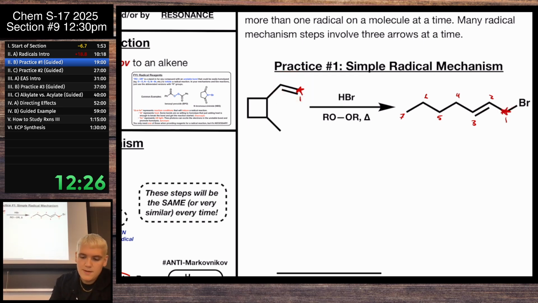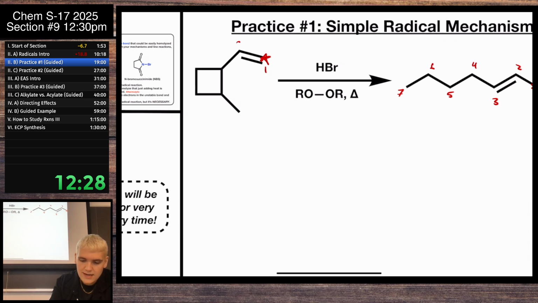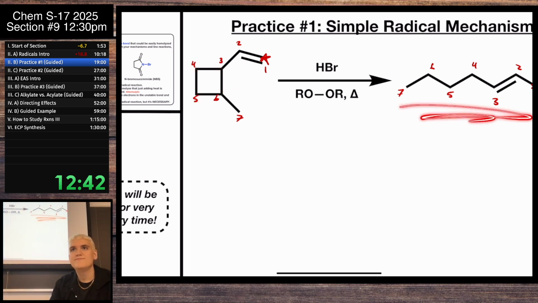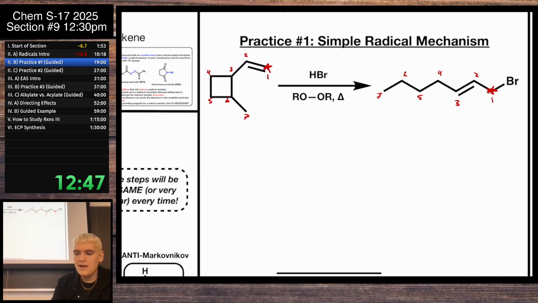So, okay, if we keep numbering 1, 2, 3, and I think the better numbering is going to be 4, 5, 6, 7 this way around because we want to have a straight chain. We could do like 4, 5, 6, 7, but then that's not going to make as much sense in terms of trying to get to a straight chain. That also okay? So let's make our make and break list.